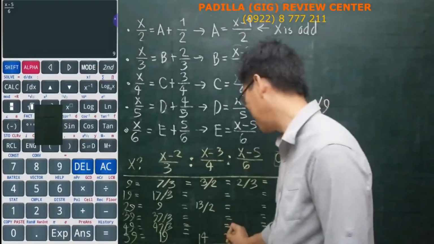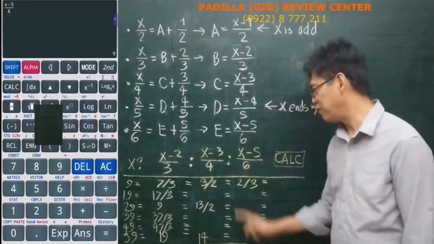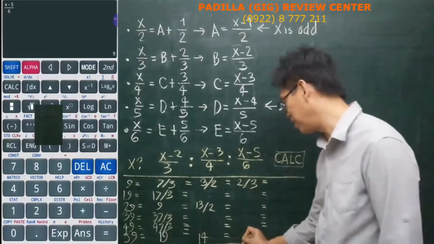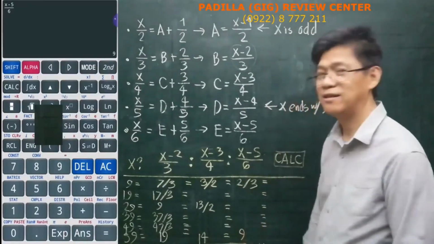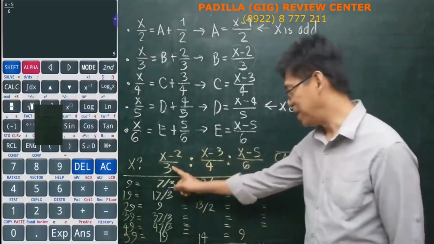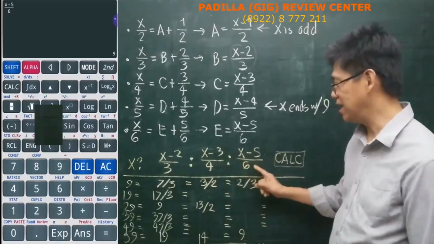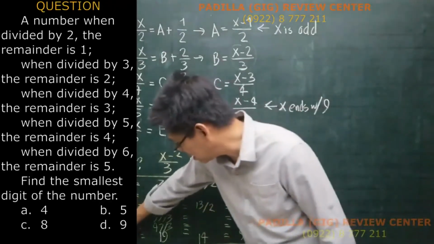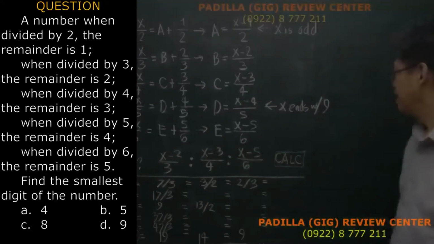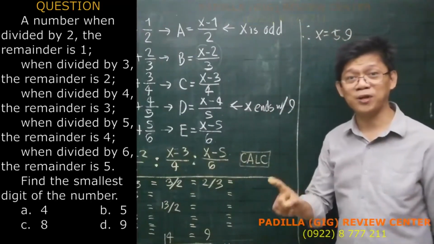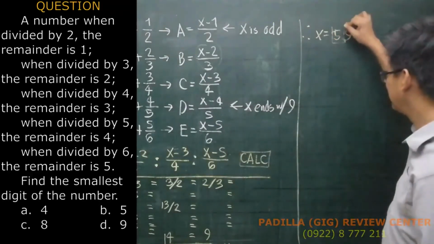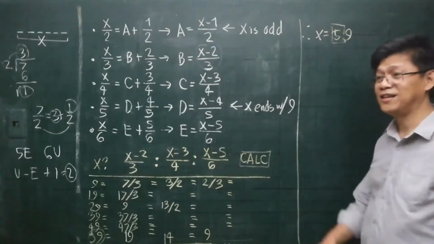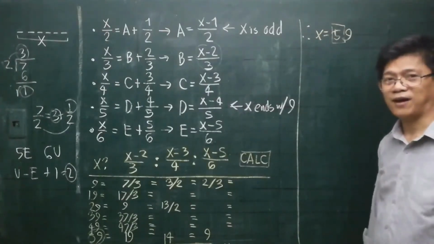Press equals, it is 59 minus 5, 54 over 6. Your calculator displays 9. B, C, and E are whole numbers. So therefore, x is 59. And the smallest digit of the number is 5. So therefore, x is 59. Smallest digit is 5. Okay?